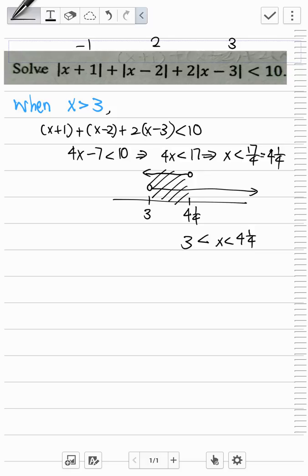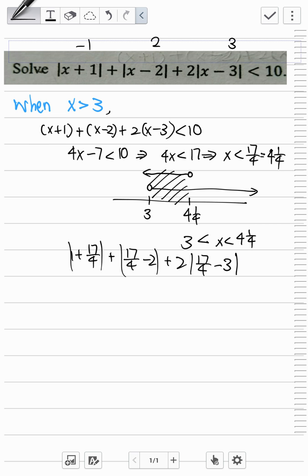So if I substitute 4 and 1 quarter inside, do I get 10? I believe so. So I take 17 over 4: 1 plus 17 over 4, plus 17 over 4 minus 2, plus 2 times 17 over 4 minus 3. 17 over 4 is just 4 and 1 quarter.